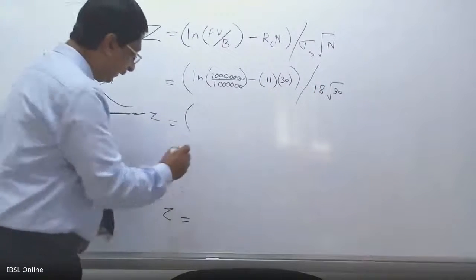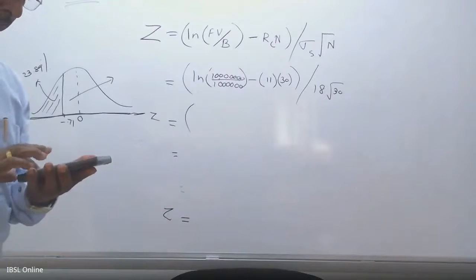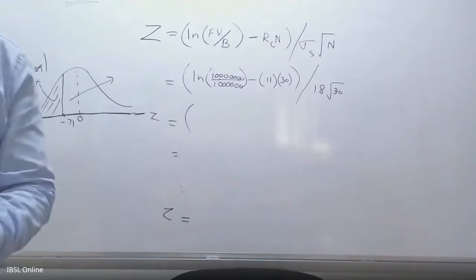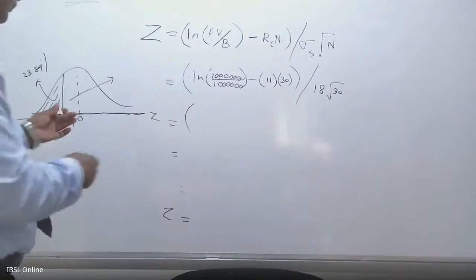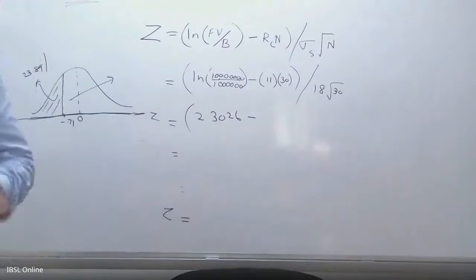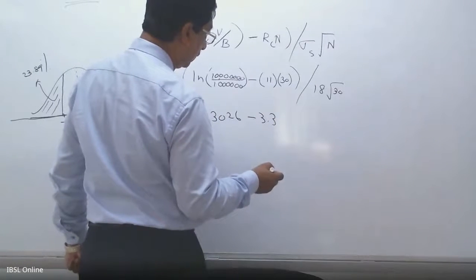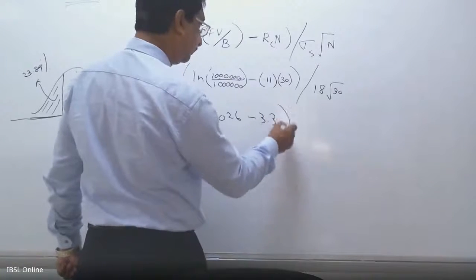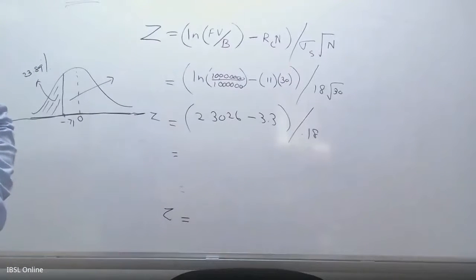Then what we need to find is log 10, which is 2.3026, minus 0.11 into 30, which is 3.3, divided by 0.18 square root of 30, where the square root of 30 is 5.477.